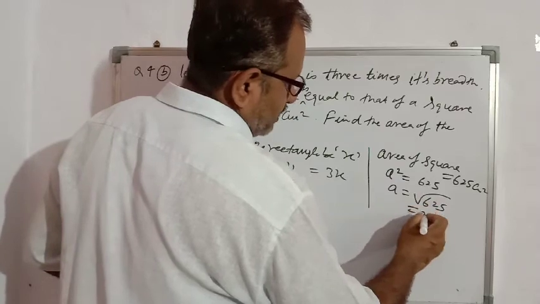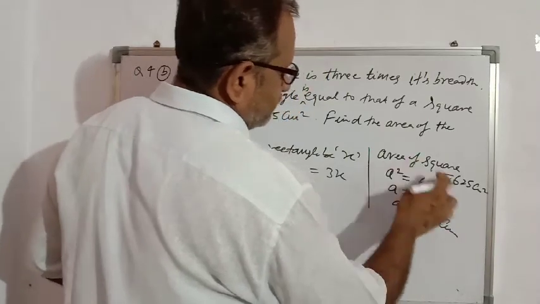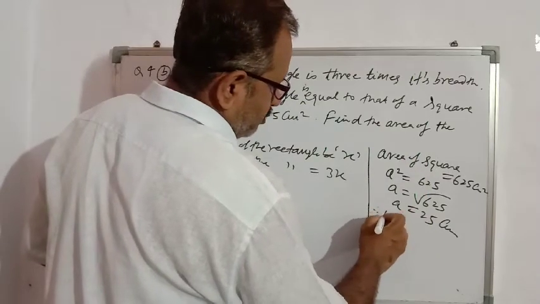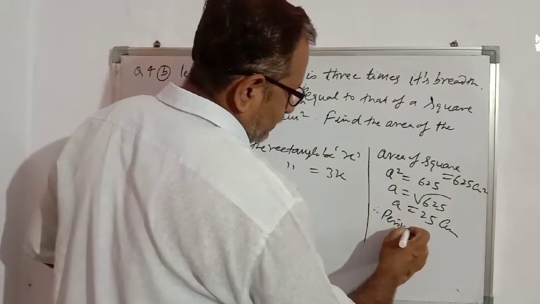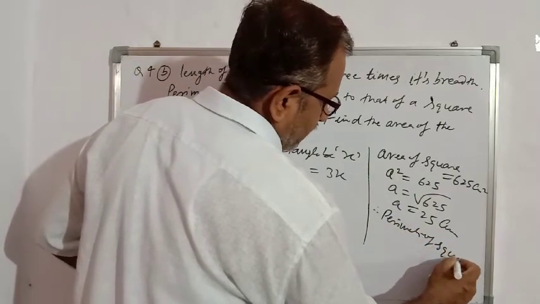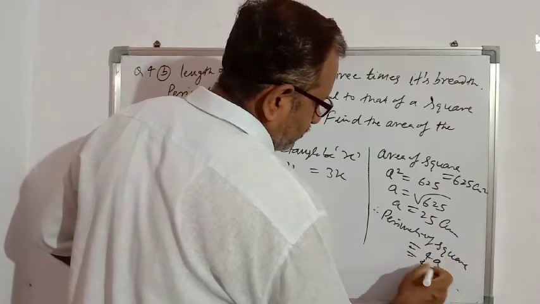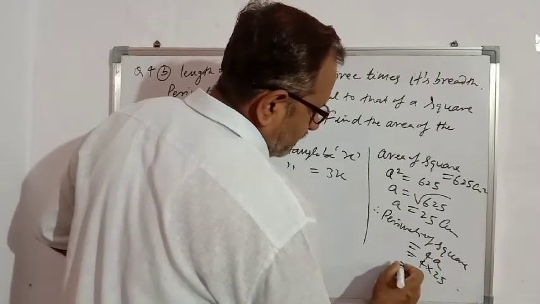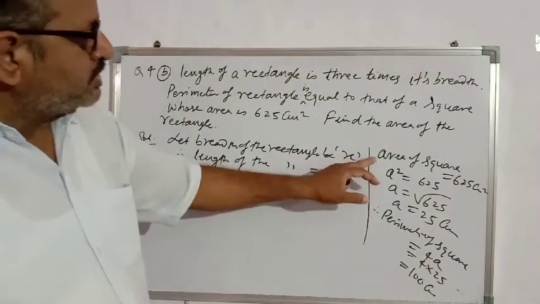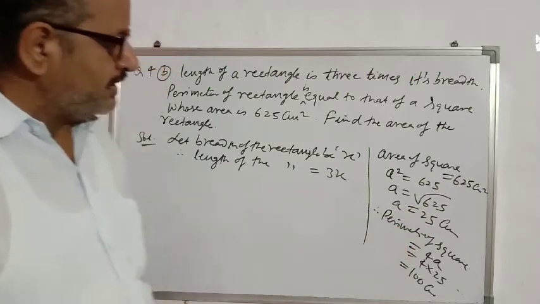Square root of 625 is 25. So one side of square is 25 centimeter. Therefore perimeter of square is 4a, 4 into 25, it is 100 centimeter. So area of square is 625, one side is 25, perimeter of square is 100.